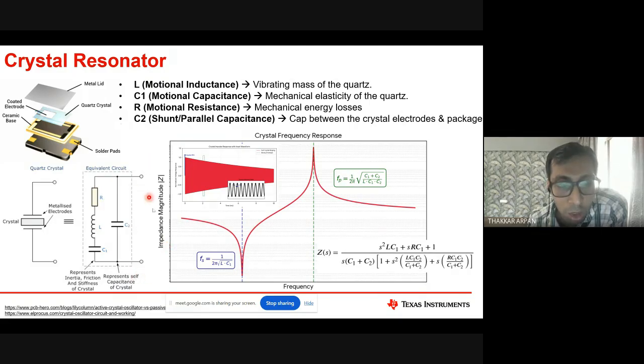Okay, so for the cross couple pair, the initial startup gain you will keep higher, because otherwise it will not start oscillating. So basically, if the resonator loss is R, then you are putting a parallel impedance less than minus R, right? Then only it will start oscillating.